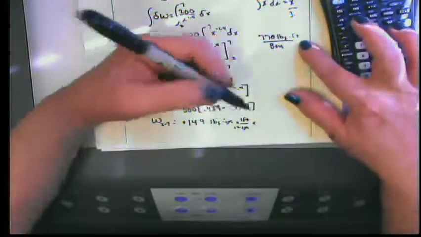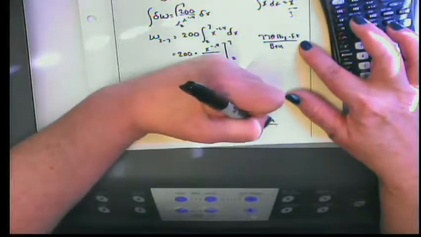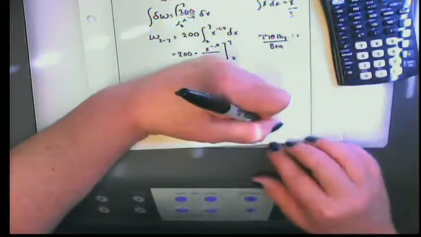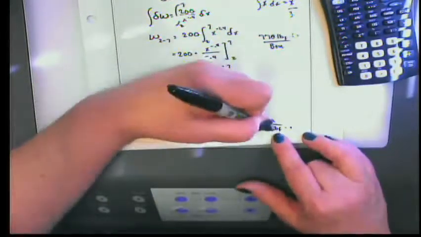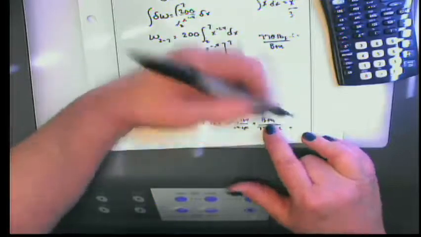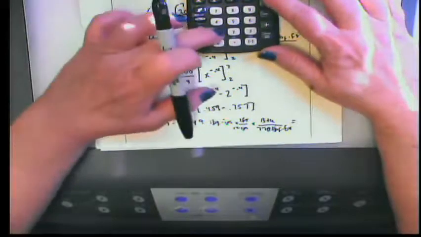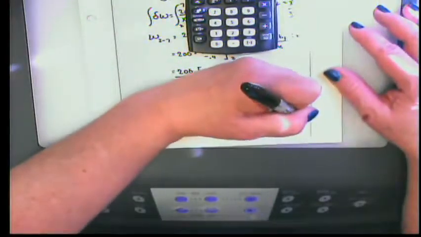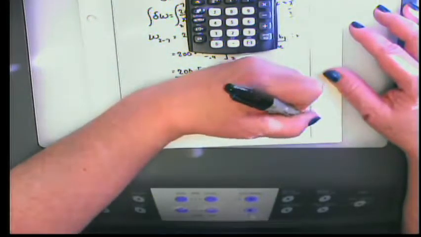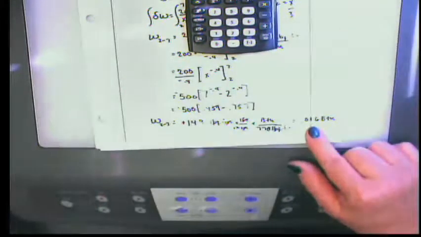And then I have foot-pounds on top, so I have 1 BTU per 778 foot-pounds. That will get rid of the other units, and I'm left with BTUs. So the amount is 149 divided by 12 and divided again by 778. So that number is 0.015959 or 0.016 BTUs.